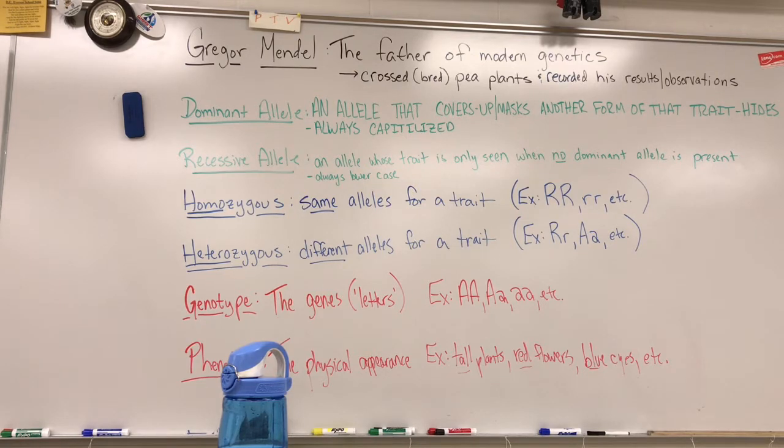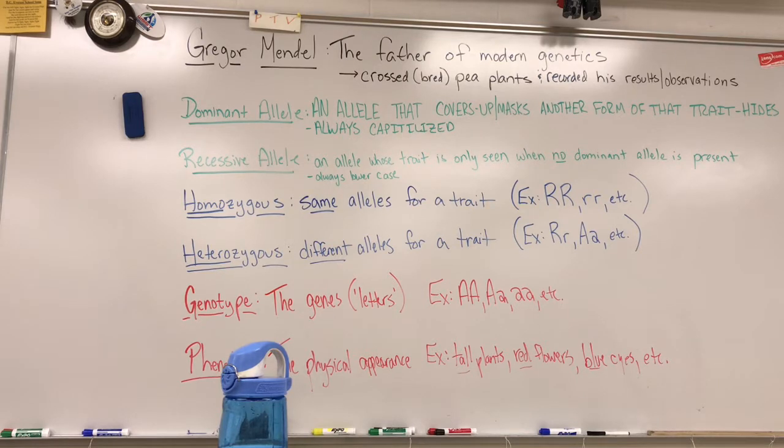It would be like a lowercase r, a lowercase t, pick a letter, that would be a recessive allele. What would a dominant allele look like? Pick a capital letter. That's a dominant allele. The dominant alleles dominate over the recessive alleles. The only time we see a recessive allele is when we don't have a dominant.